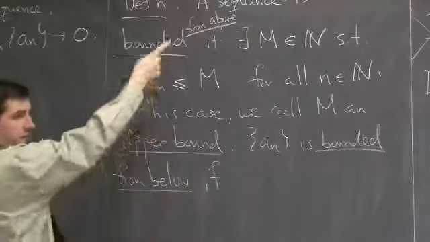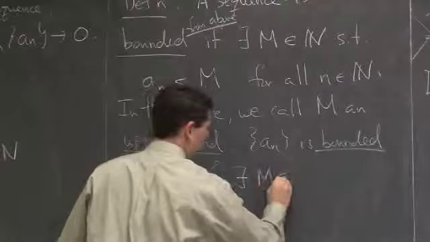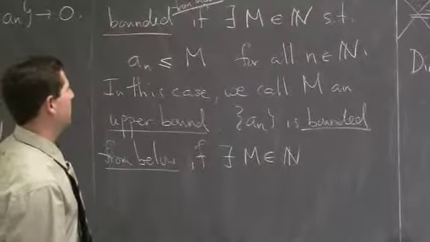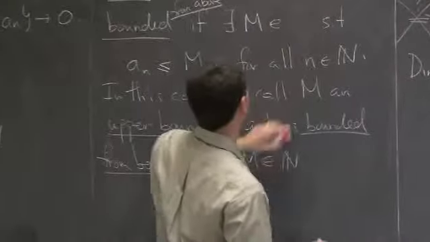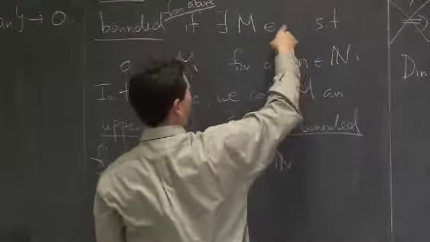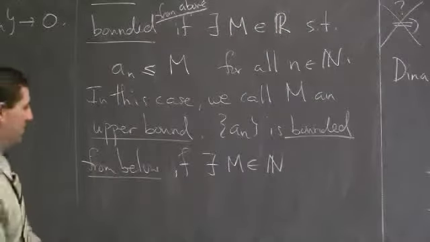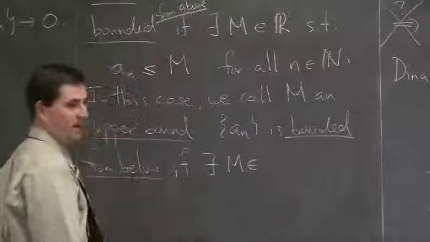if, well, we just have to change the m so it's now on the bottom side. If there exists a natural number m, actually it doesn't have to be. If it's true with an n for bounded from above, it ceases to be a very good tool when it's bounded from below, because now you can't talk about negative numbers anymore.